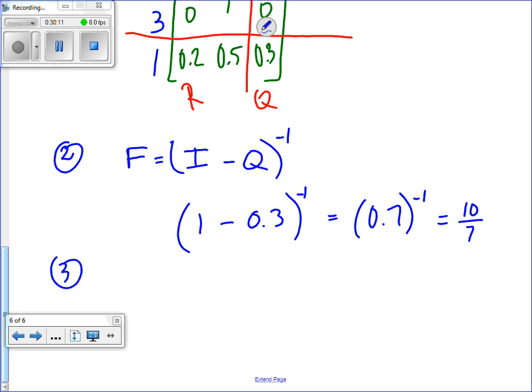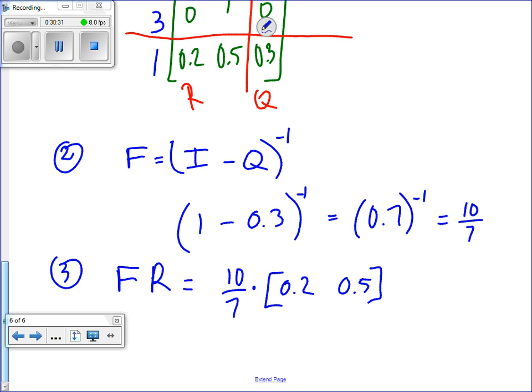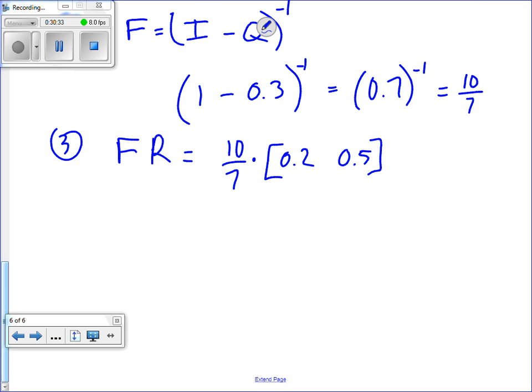And then step 3 is going to tell me, well, what is F times R then? F times R is 10 sevenths times R, which is 0.2 and 0.5. So it's a little scalar multiplication. That's going to give me 2 sevenths and 5 sevenths.